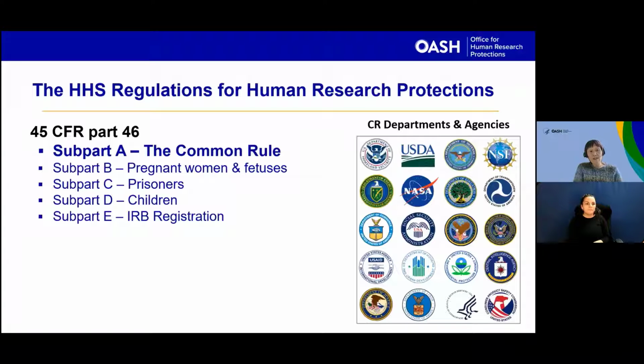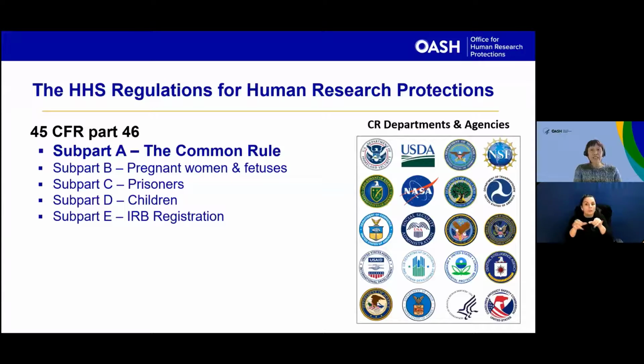So 45 CFR 46. There are actually 5 subparts to this set of regulations. 4 of them are particularly designed to protect research participants, B, C, D for vulnerable populations, right? So Part A provides the foundation set of regulations, the baseline set of regulations on how research ought to be conducted. And we call it the common rule.